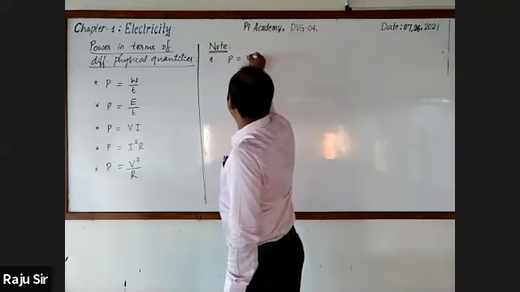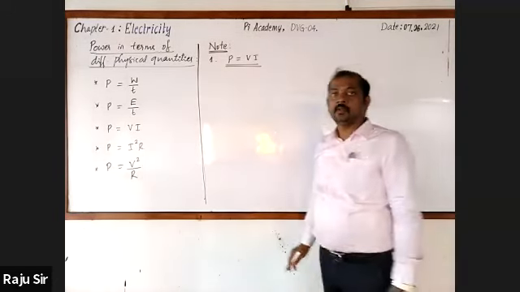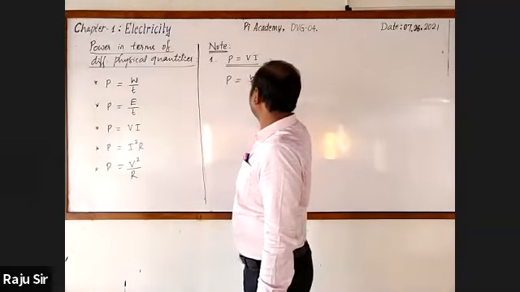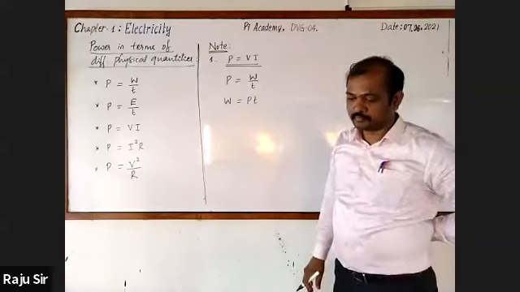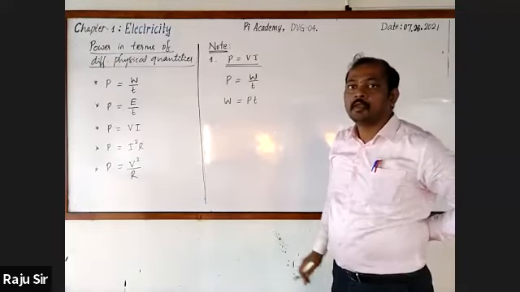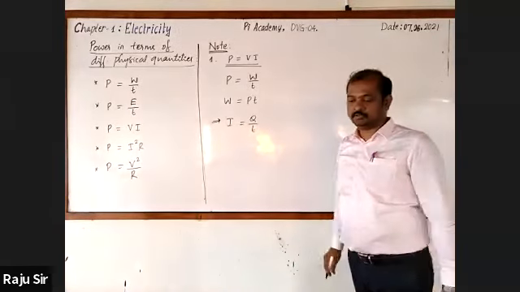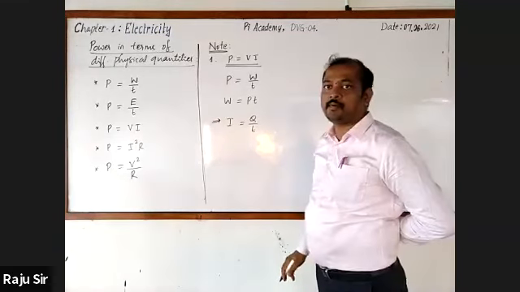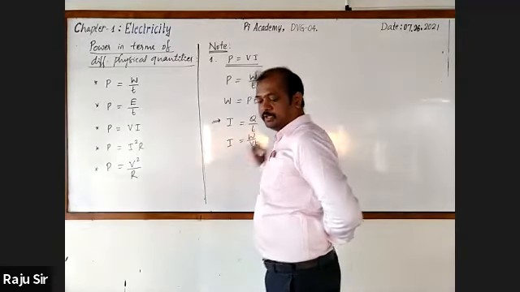First one, power is equal to V into I. We all know that power is equal to W by T. Then W is equal to P into T. And we also know that I is equal to Q by T. Then I is equal to W by VT.